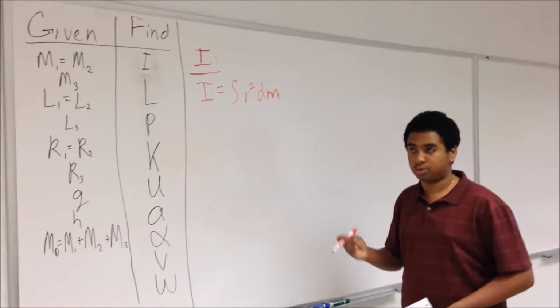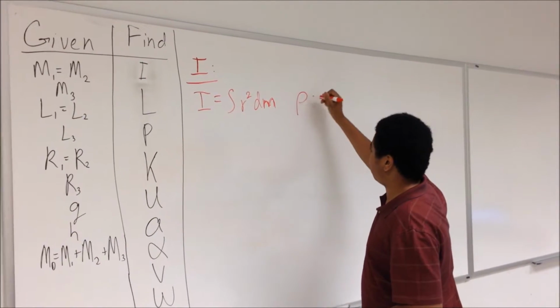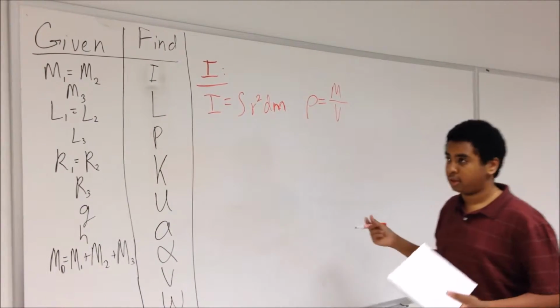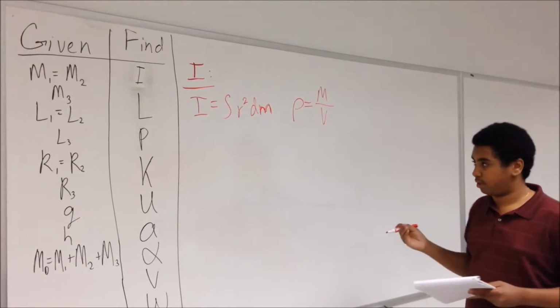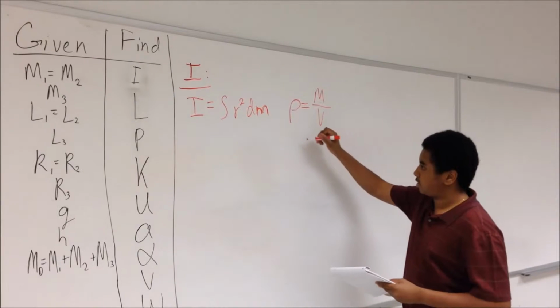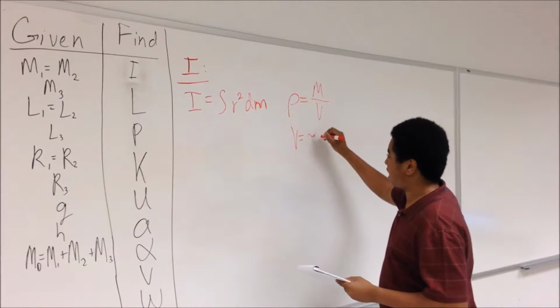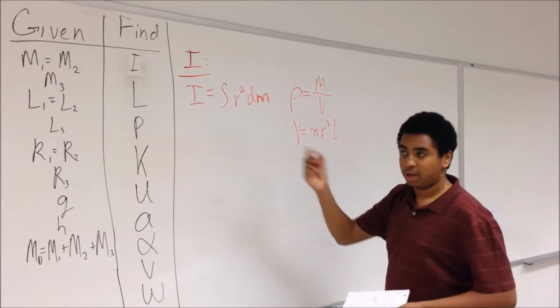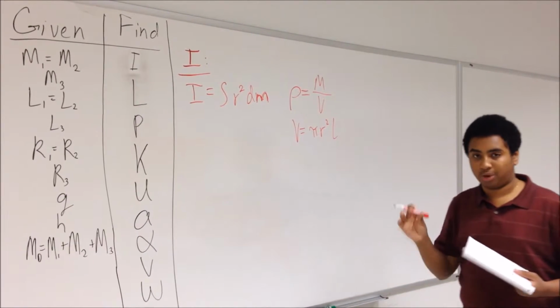So we're going to use rho. I'm going to have rho equals density, which is mass over volume. Now volume is equal to, in a cylinder, pi r squared times L, L being the width.